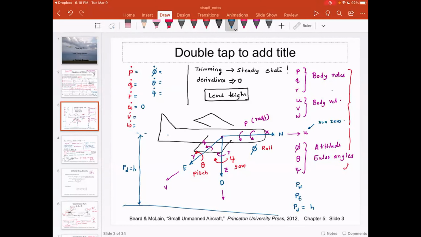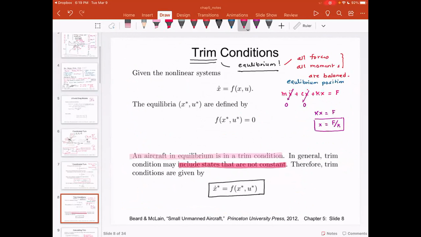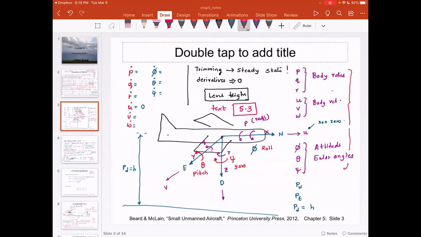And at this point, as I discuss this trimming, I want you to take a look at section 5.3 from the textbook. This is absolutely important. Open section 5.3 from the textbook. It is discussed later here when we talk about trim coordinates and trim conditions. But let me explain with respect to section 5.3.